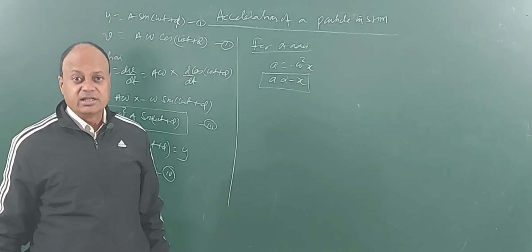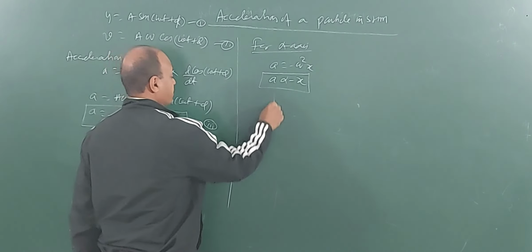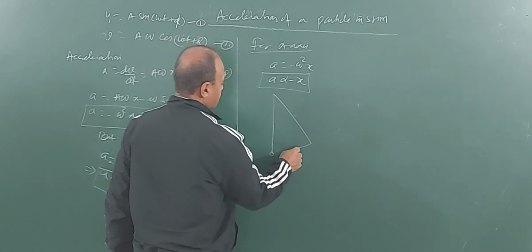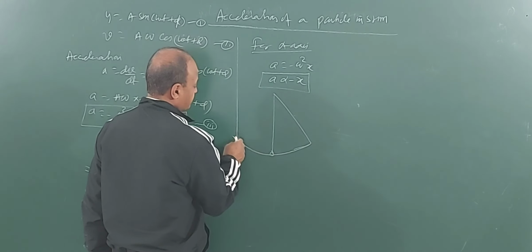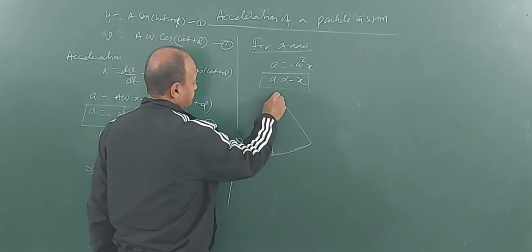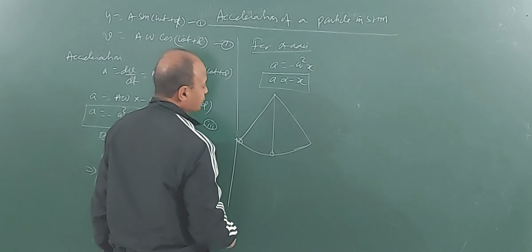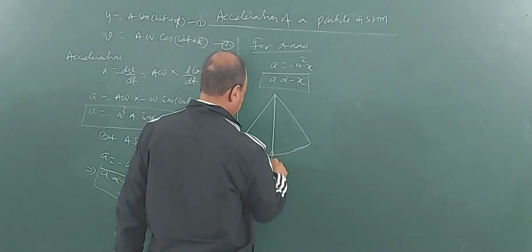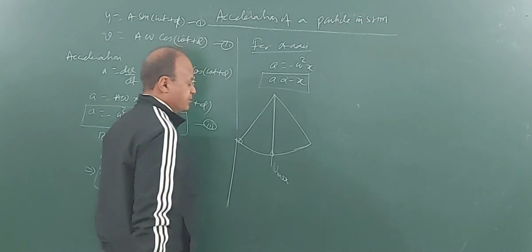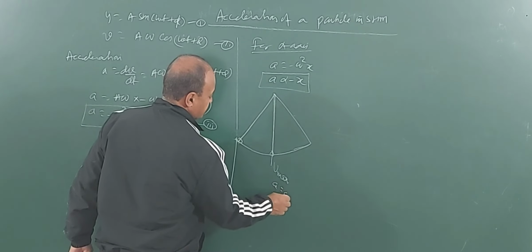Like, take the case of a simple pendulum. This is how the simple pendulum is moving. So this is the mean position. Here velocity is maximum. Acceleration is 0 here.